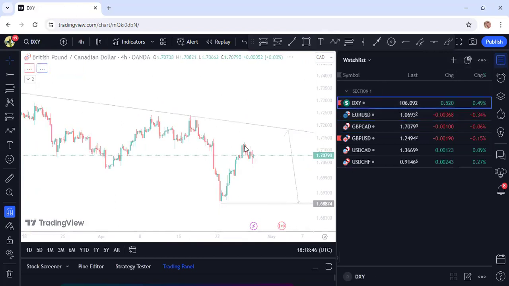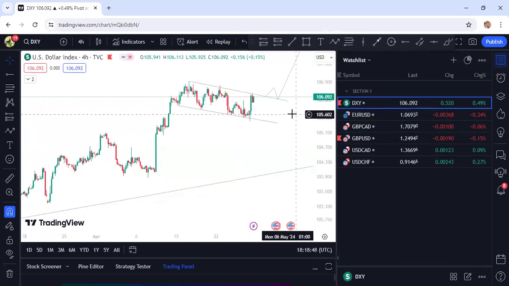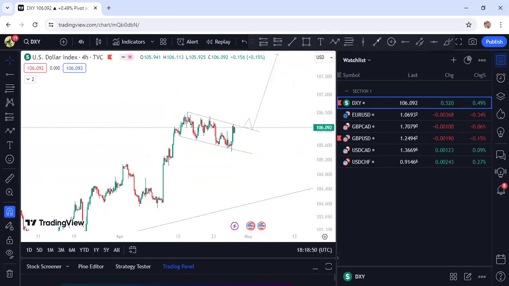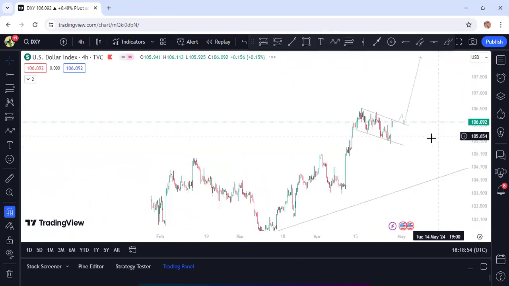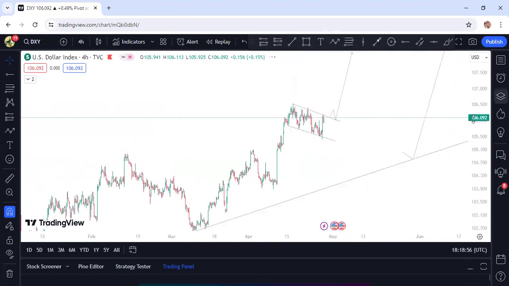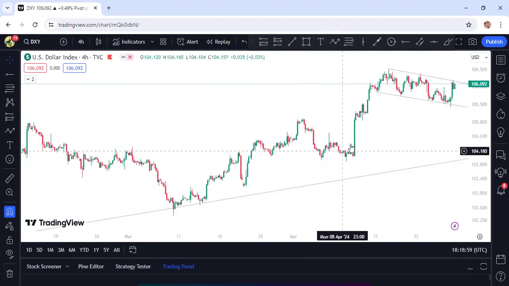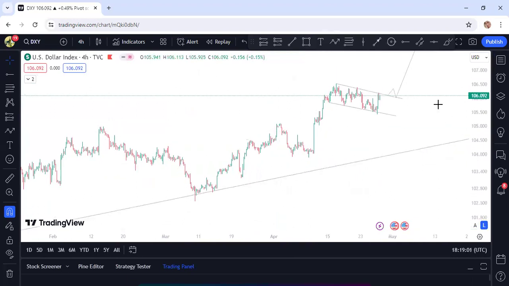Like I said on DXY, we just have to wait for the break and retest of this flag pattern, or we'll wait for the market to retrace back to this trend line to confirm the bullish move to the upside.